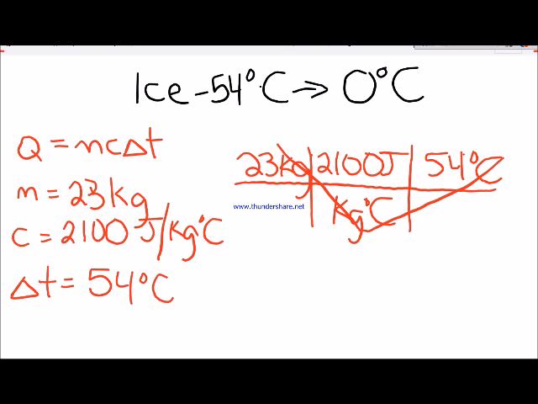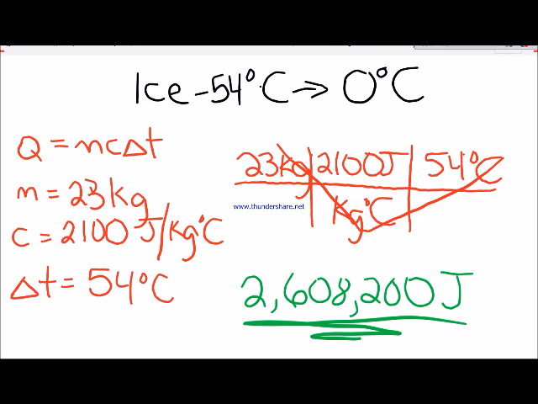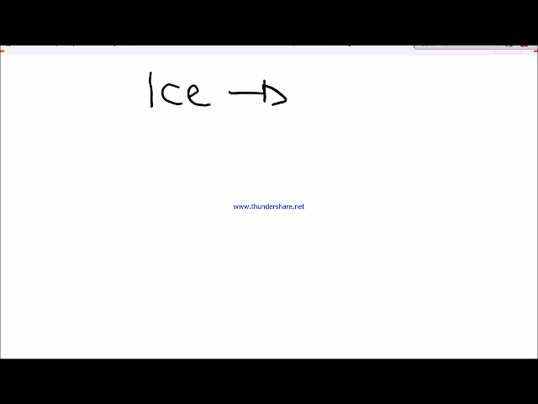Now when you multiply 23 times 2154, you get 2,608,200 joules. We'll be using this number for later.